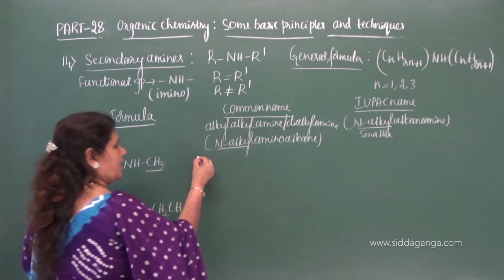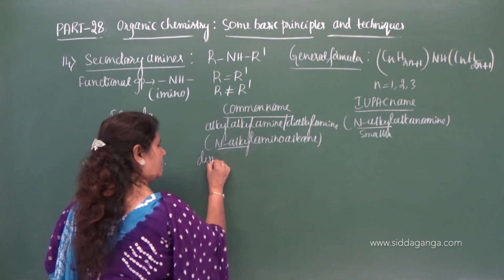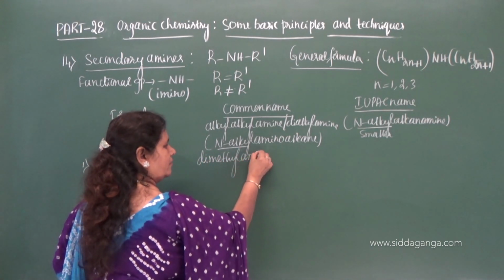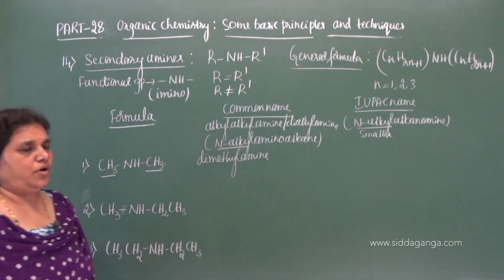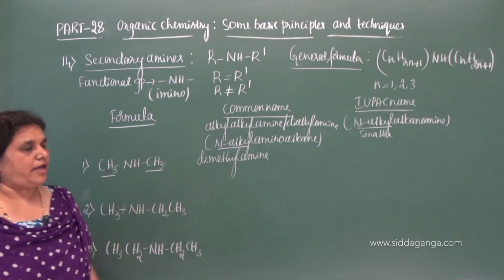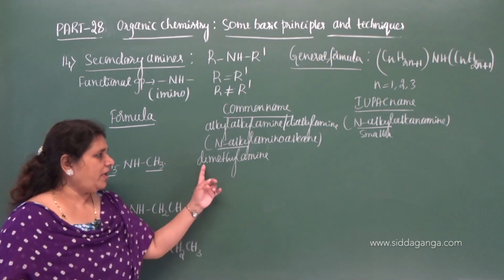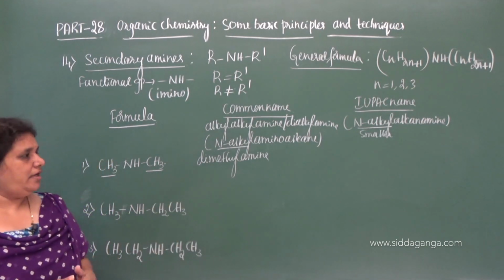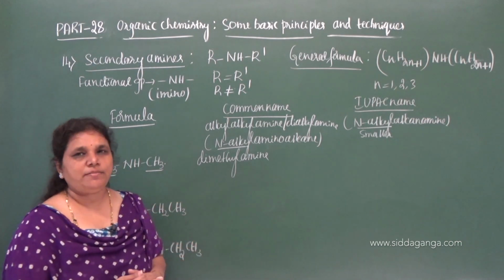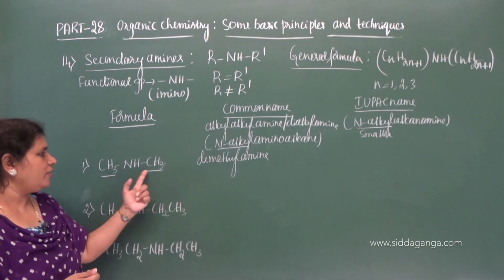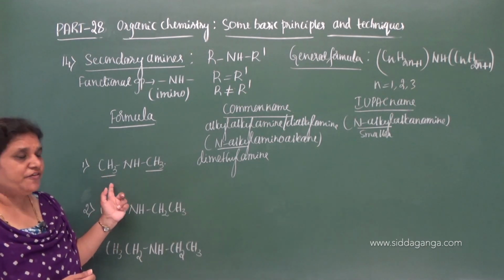You can name it as dimethylamine, because the two alkyl groups here are methyl groups. Instead of writing methyl methyl amine, we have used the prefix di here, and hence the name is dimethylamine. And one of the alkyl groups you have to take as a prefix here.